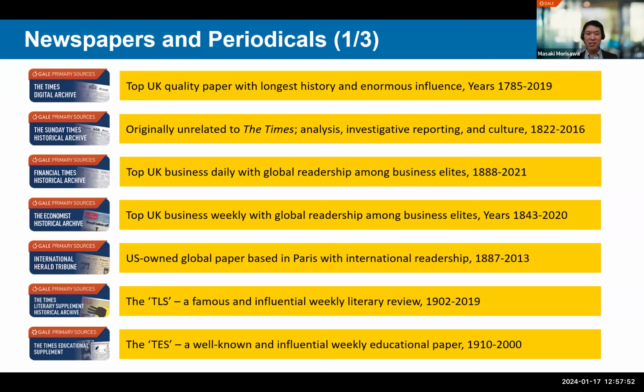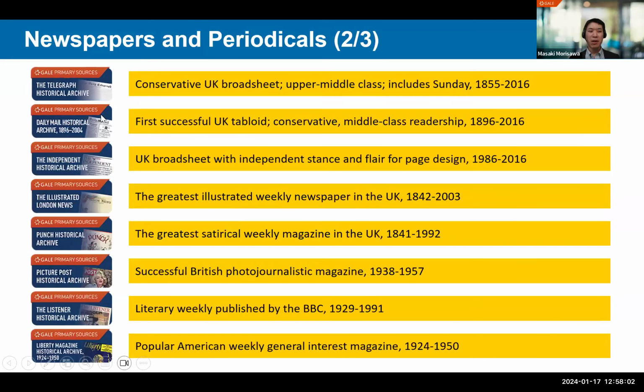The TLS and TES, these are literary reviews and educational papers, respectively. And the next newspaper slide, we have a whole lot of other British periodicals. We have lots. Some of them are more popular, kind of tabloid titles like the Daily Mail. Others are more respectable, like the Independent.